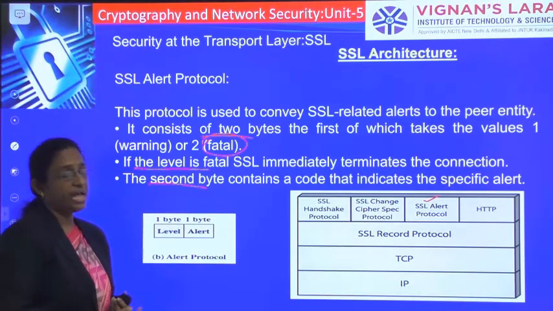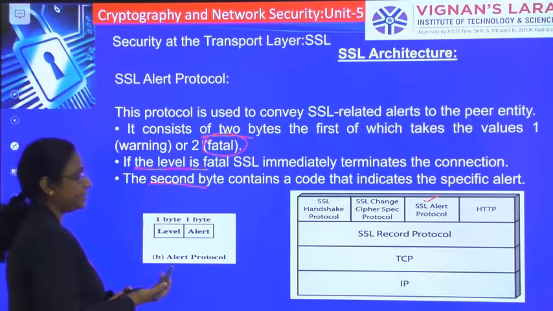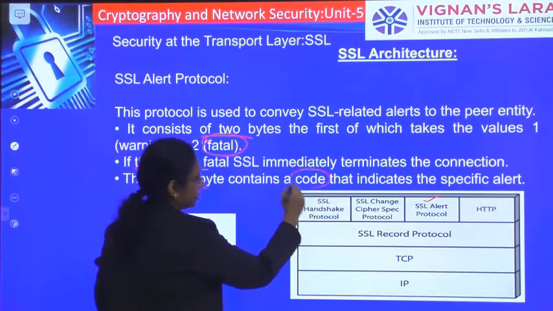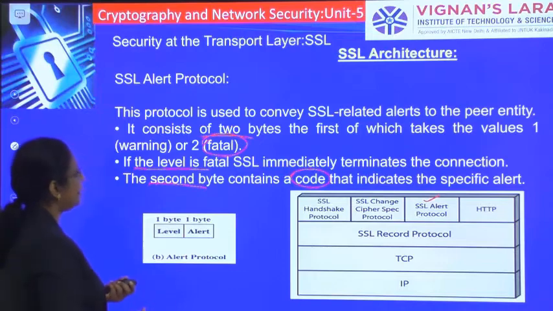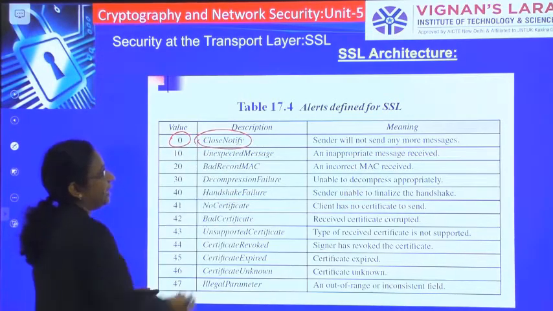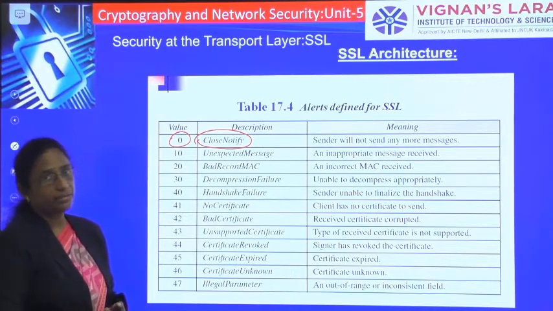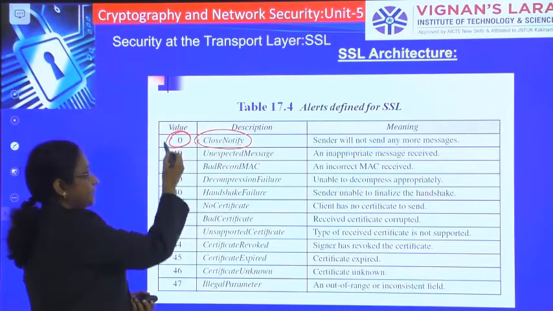Here we have different types of alerts. It contains a code for that specific alert. Here are the different types and their codes. If the alert is close notify, then the code will be 0.